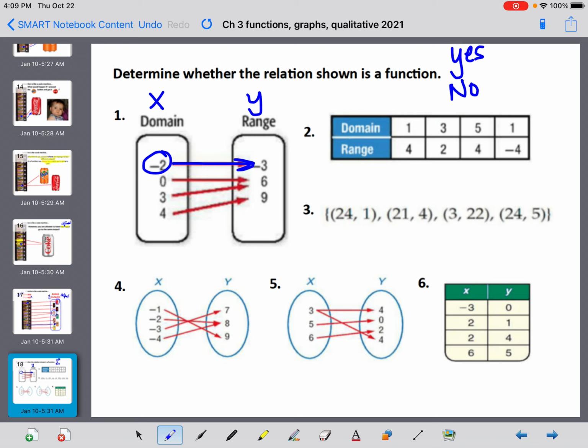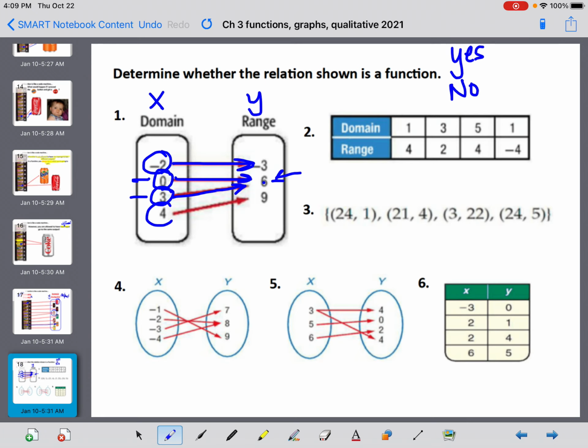It only goes to the -3, right? I have a 0. It only goes to 6. I have a 3. It only goes to 6. Now these are both going to the 6, but these are just two different inputs going to the same output. Is that okay?